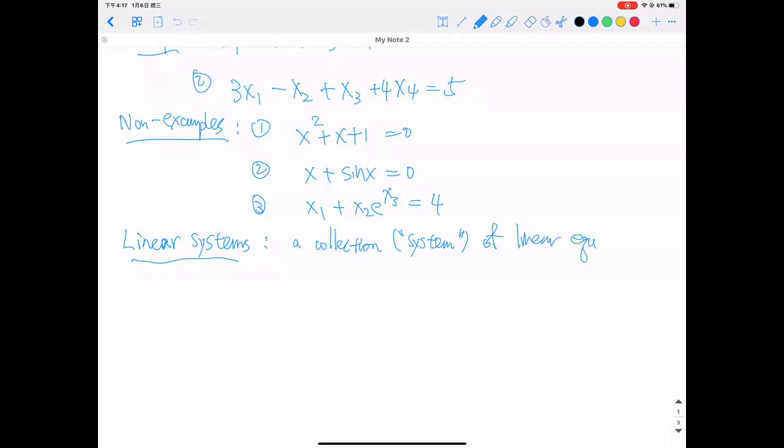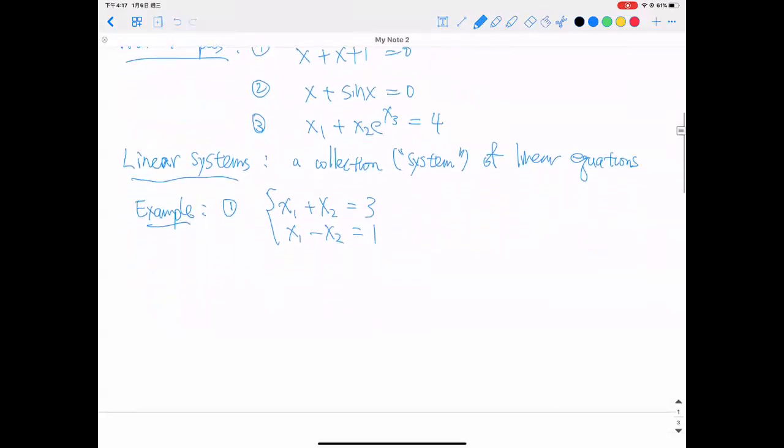So instead of having just one, you have more than one. So for example, you could have x1 plus x2 equals 3, x1 minus x2 equals 1. These two put together is a system of linear equations.